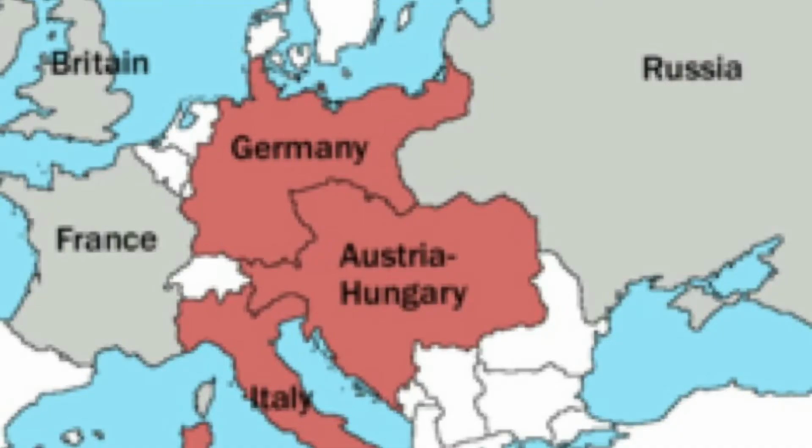First of all, let's work with the Triple Alliance. The Triple Alliance was between Germany, Austria, and Italy. Do you remember what happened in Germany in 1871?